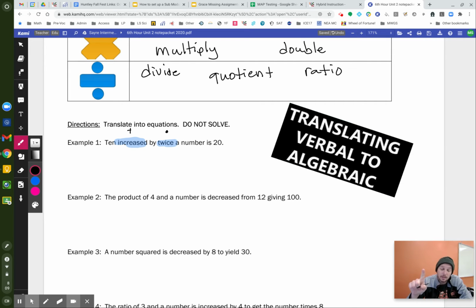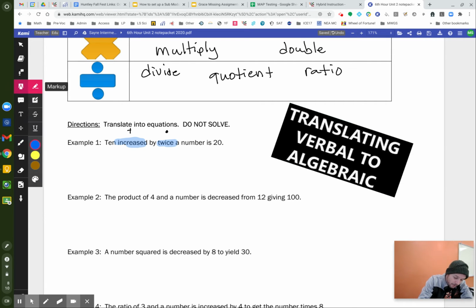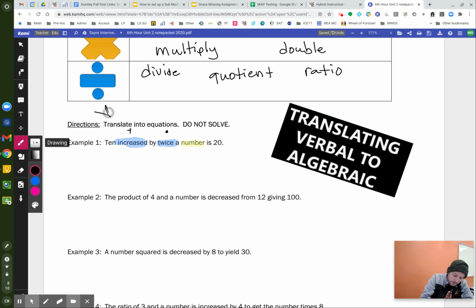And another key to these, I'm going to highlight over here, is a number, all right? So when you see a number, that means variable. So when you see a number, that just means you're going to put a variable in where you see that. All right.